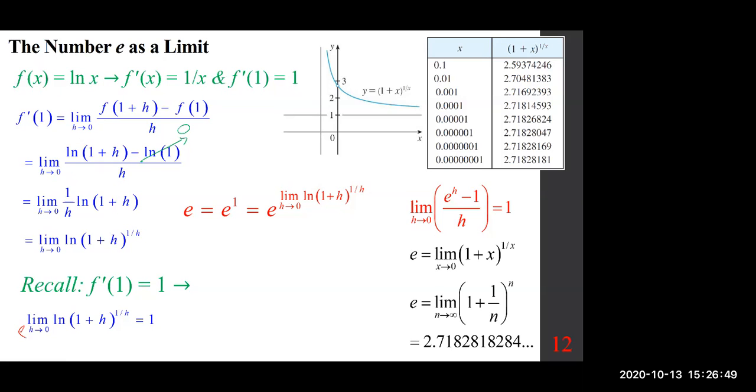And so what happens here, you can interchange limit and natural log. So this is the limit of h approaching 0 of e to the power of natural log of 1 plus h to the power of 1 over h.